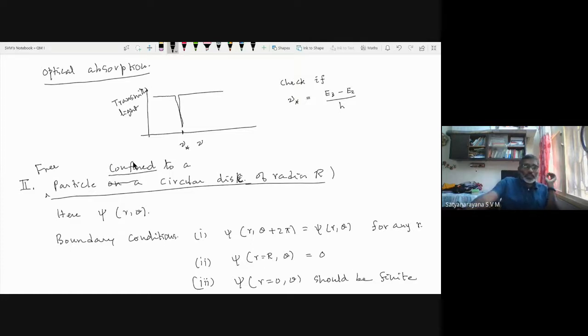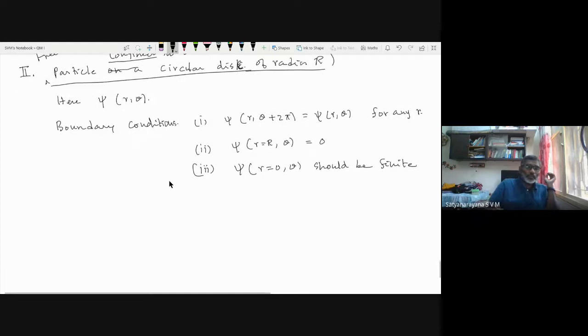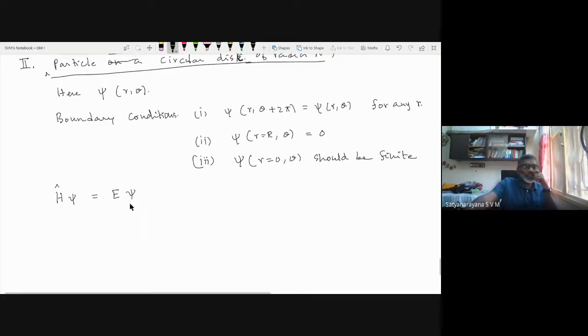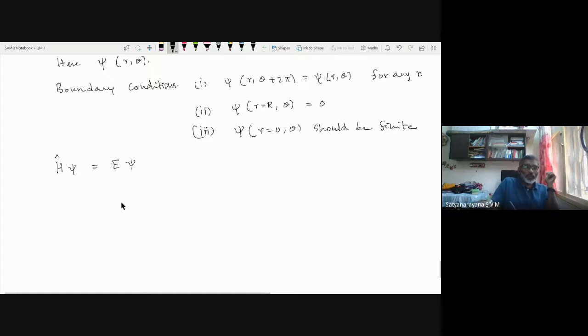So these conditions are there, and then we are now ready to write down the Schrodinger equation. As we go to more dimensions, introducing more variables, problems become difficult, but some are doable.